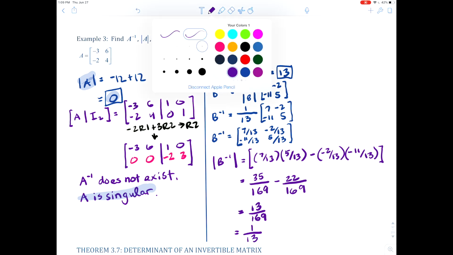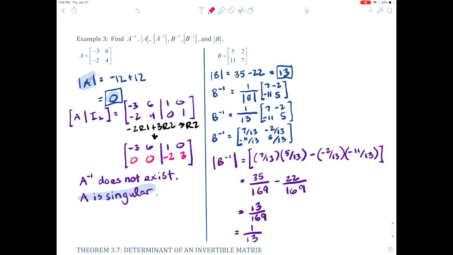How does that relate to the determinant of B? Well, it seems to me that the determinant of B inverse, which is equal to 1/13, seems to be 1 over the determinant of B, right?